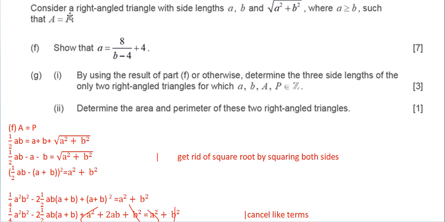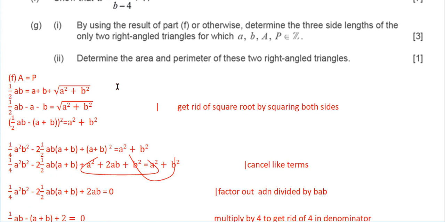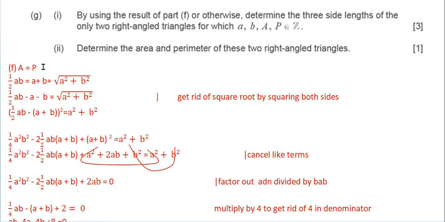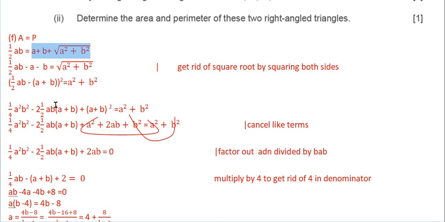Next section. Consider a right-angled triangle with sides a, b, and square root of a squared plus b squared by Pythagoras, where a is more than b, such that A equals P. Show that a equals 8 over (b minus 4) plus 4. Let's do it. First we write the expression A equals P, then we put in the expression for area and the expression for perimeter.